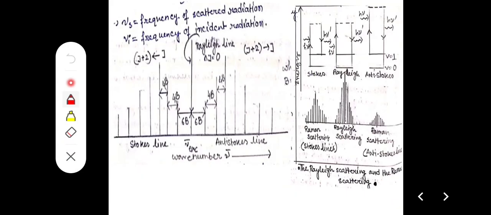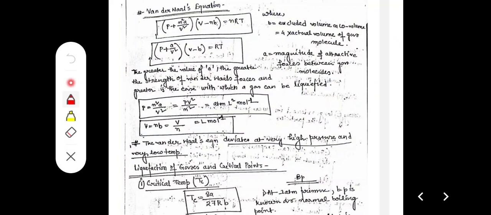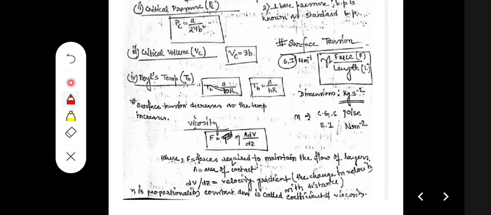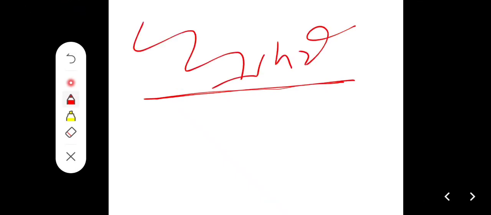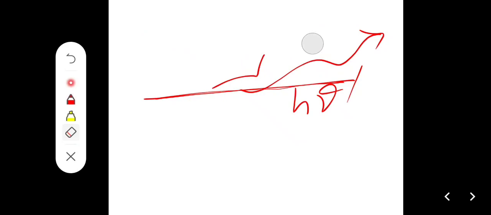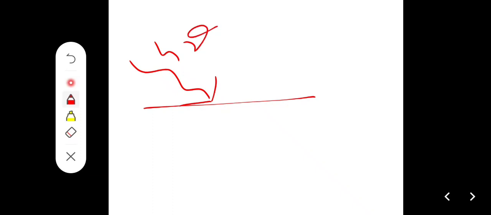Now we consider the Raman effect. Suppose the incident frequency is h nu, and the emitted frequency is h nu dash.